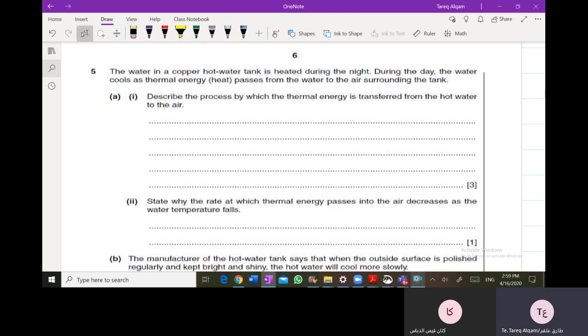Now describe the process by which the thermal energy is transferred. By conduction here.